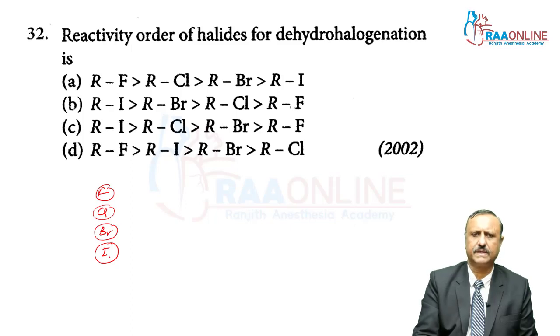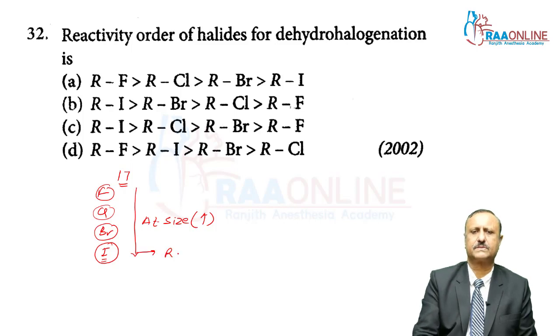Atomic size increases as we move from top to bottom in group 17. So when iodine forms RI and fluorine forms RF, the alkyl group and iodine are bigger in size, while the alkyl group and fluorine are both small. So here the bonding is strong, and there the bond is longer because the distance is large.